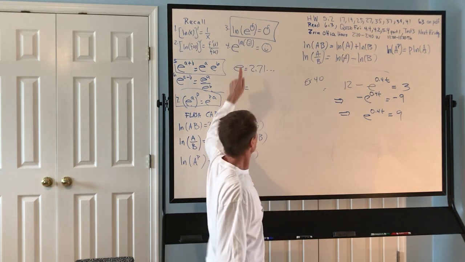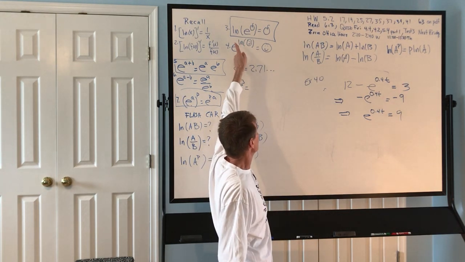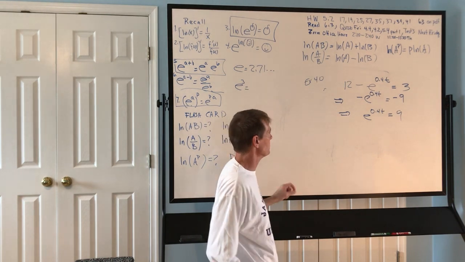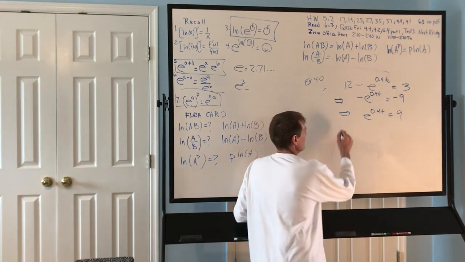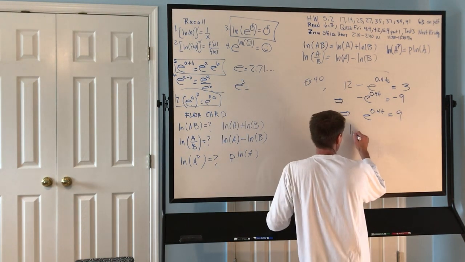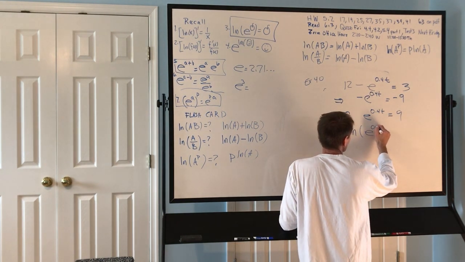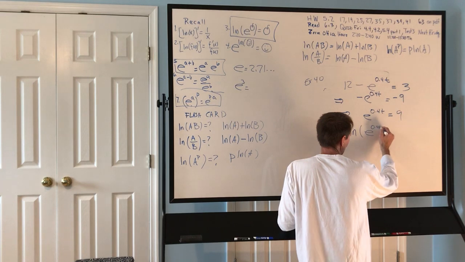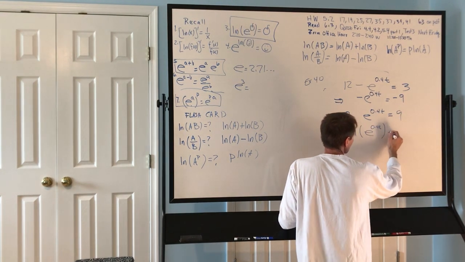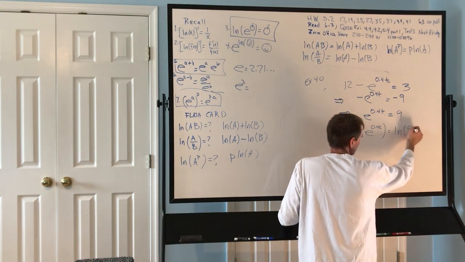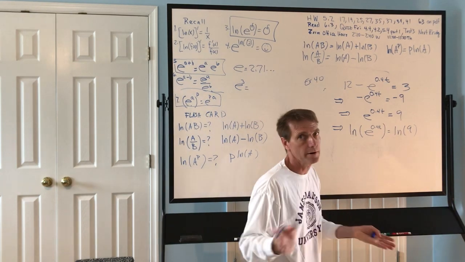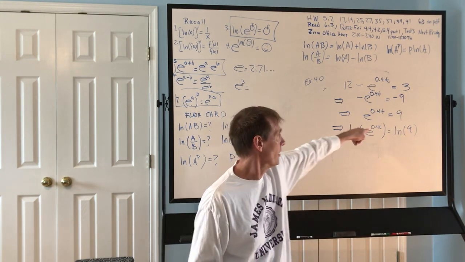Now I can finally use the fact that the natural log can undo what the exponential function does. I'll apply the natural log to this side. This would be equal to the natural log of 9, which you could take your calculator out and get a numerical approximation of.